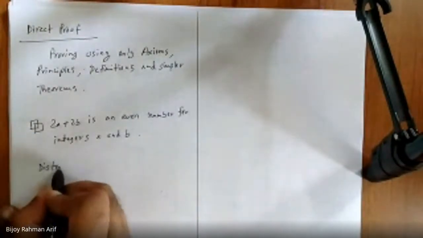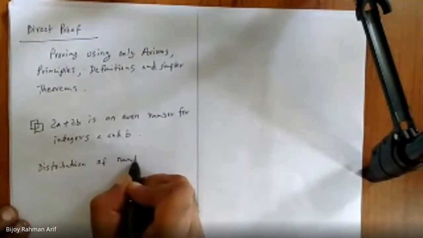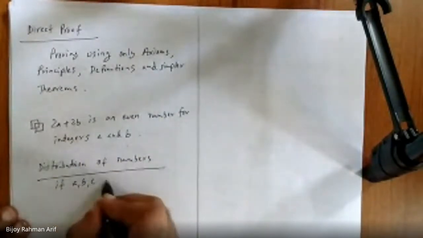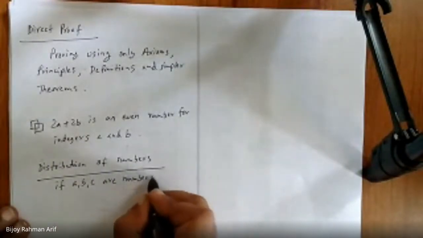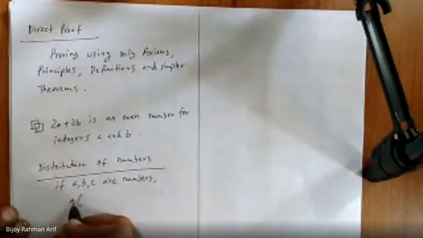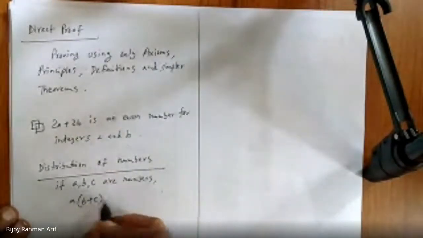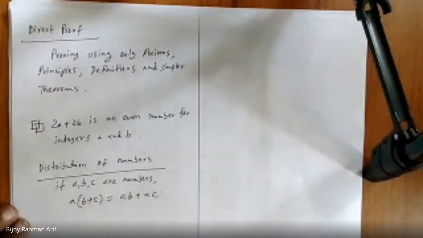Distribution of numbers. If A, B, C are numbers, then what can we say? A multiplied by B plus C is nothing but AB plus AC. Am I right or not? So we can go from here to here, and we can also go from here to here. So what is 2A plus 2B? What can we write?